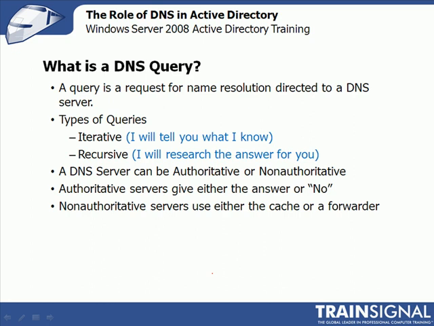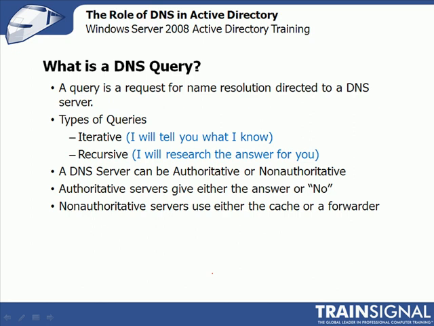One type is called iterative, or I've heard it called iterative. Doesn't really matter how you pronounce it, as long as you understand what it is. An iterative query is one where the DNS server is going to answer this request as best it knows how.